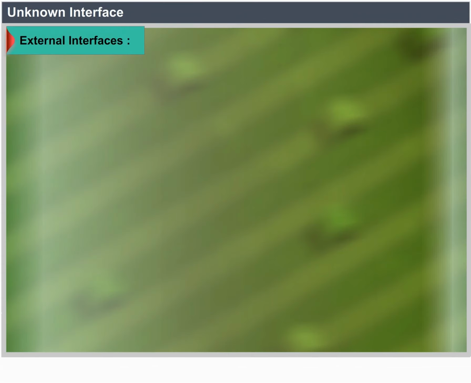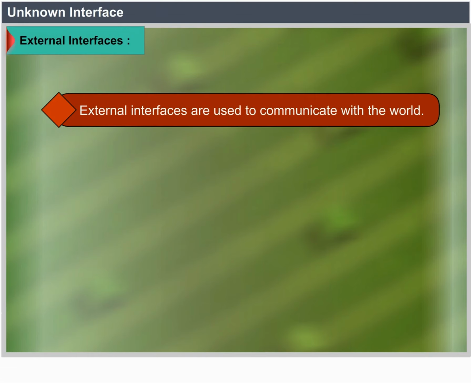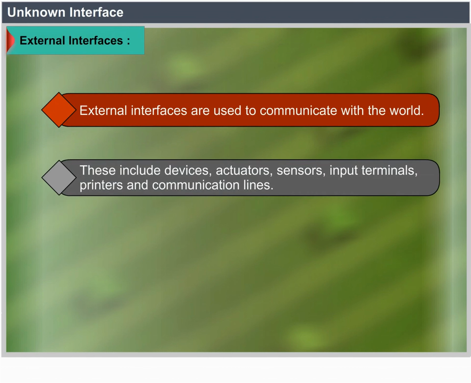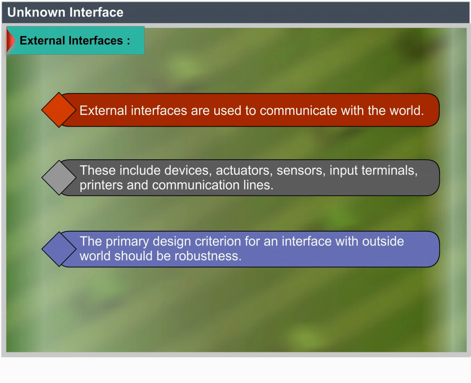External interfaces. External interfaces are used to communicate with the world. These include devices, actuators, sensors, input terminals, printers, and communication lines. The primary design criterion for an interface with the outside world should be robustness.